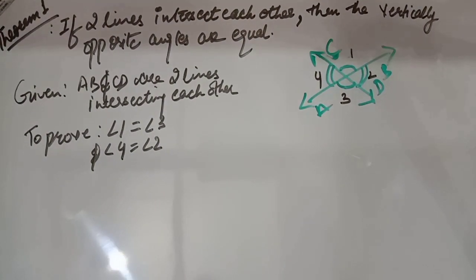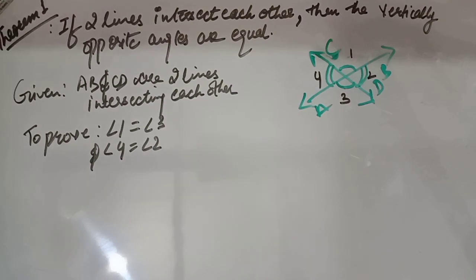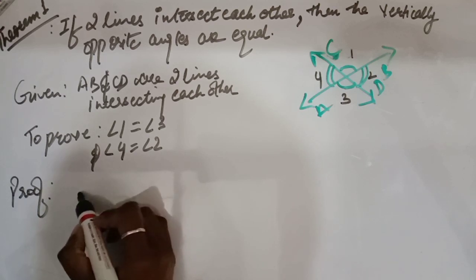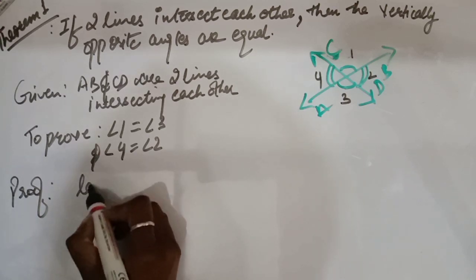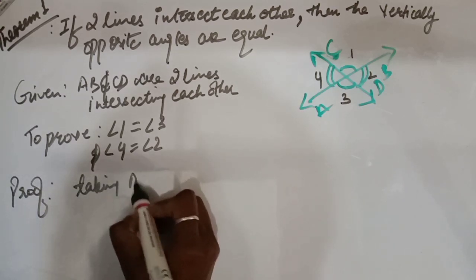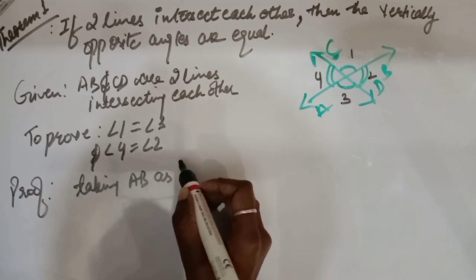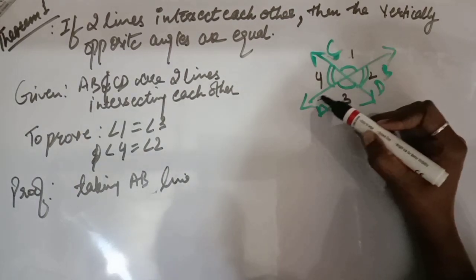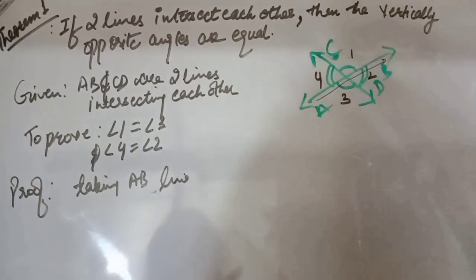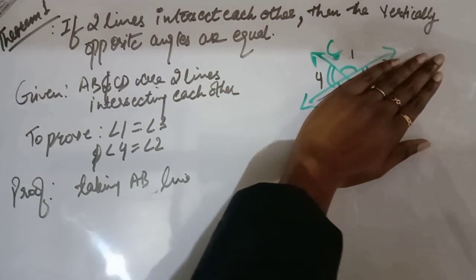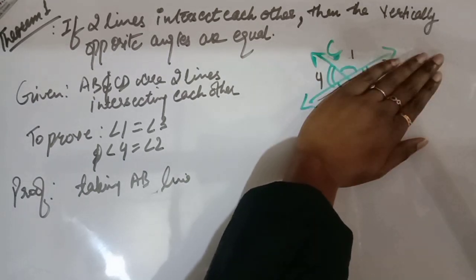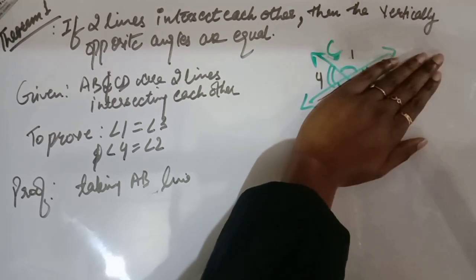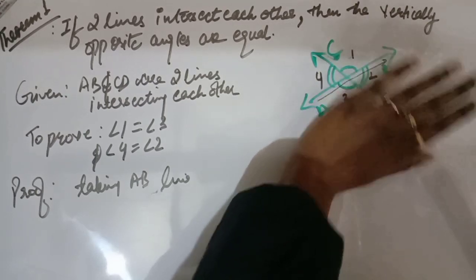Okay, now consider the proof. Now, taking AB as the line, take this line. In this, if we consider the AB line, then it has two adjacent angles, angle 1 and angle 4.